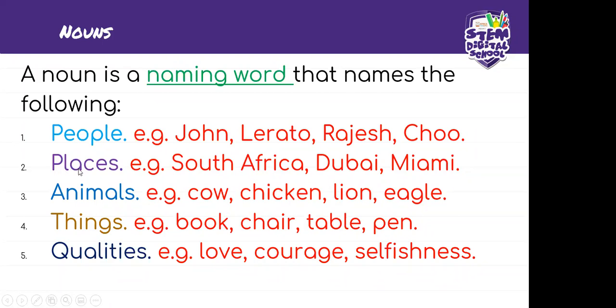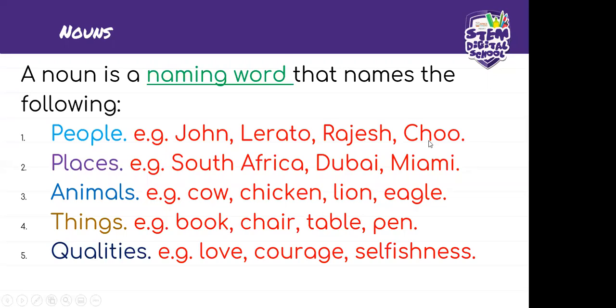Number two, it names places. Three, it names animals. It names things and it also names qualities. Okay, let's start with people. Number one, people, for example, John, Lerato, Rajesh, Chu.